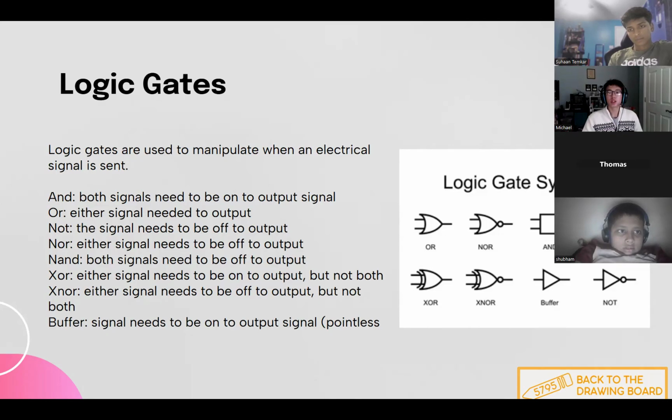They can take input signals where one means it's on and zero means it's off, and combined in the correct way, you can actually process or compute data to get what you want. And that's where logic gates come in.